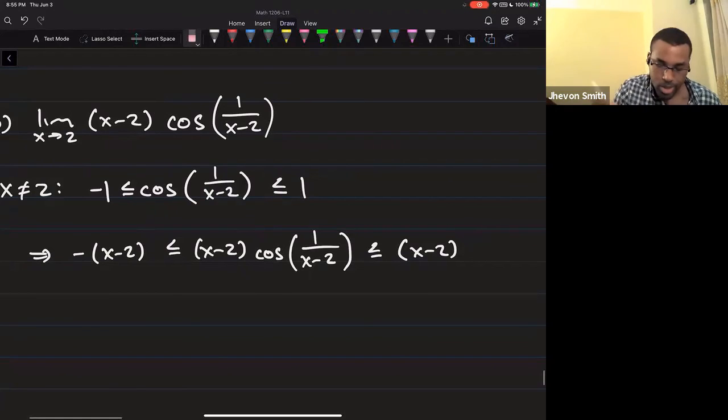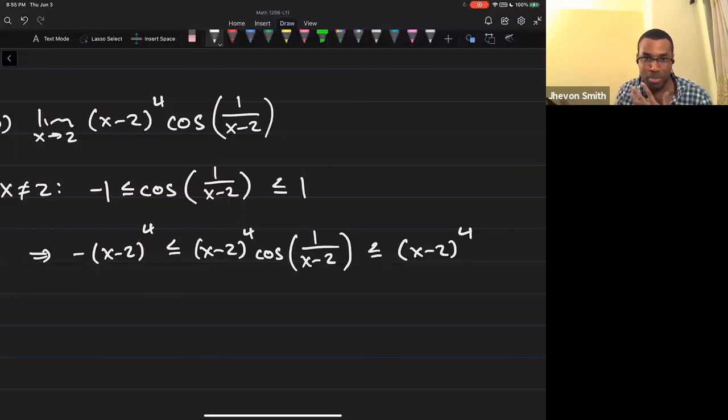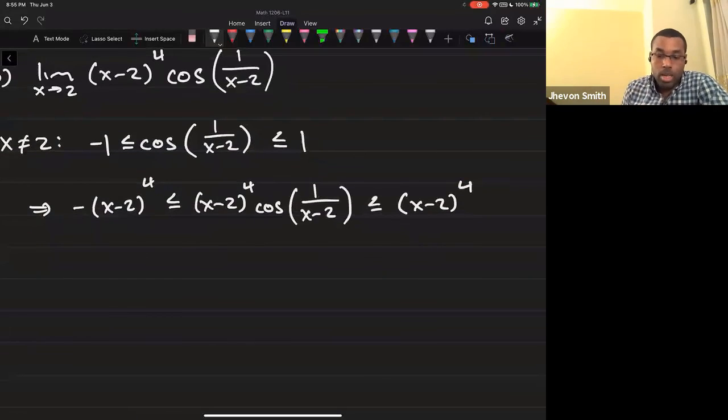It's true for the cube as well, but I don't want to have to worry about, well, what if it's slightly less than 2? You have to turn the inequality signs around. It's going to be the same thing. The answer is going to be 0 anyway, so whether it's positive or negative, it doesn't matter. But just to not have any doubts. So that's true. The cosine is bounded by that as long as it's defined.